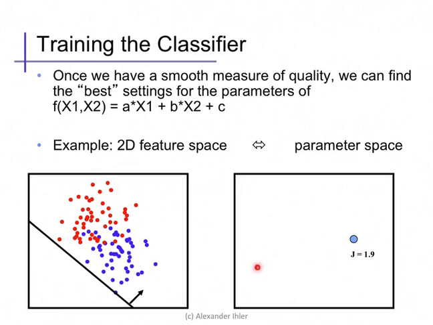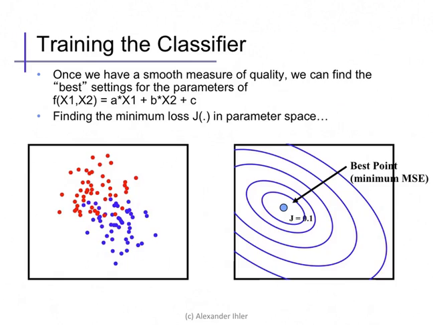Then we can plot the loss function or optimize it over in parameter space. As we evolve the parameter theta, we change the decision boundary, we find a new point in parameter space and get a new loss, hopefully smaller than the previous value. Eventually, we'll find a minimum of our loss J at some value of theta, and this will correspond to a model or decision boundary that hopefully does a good job of classifying the training data.